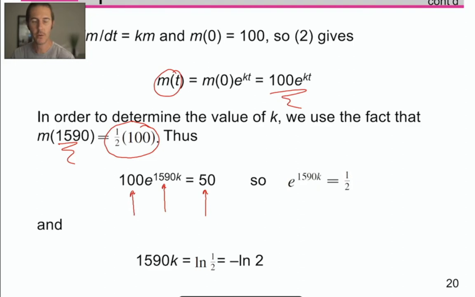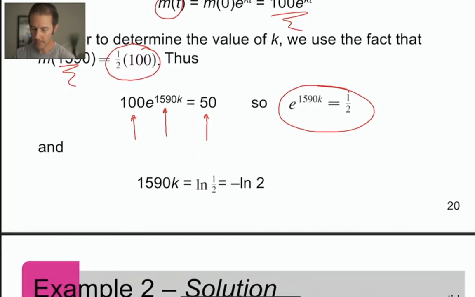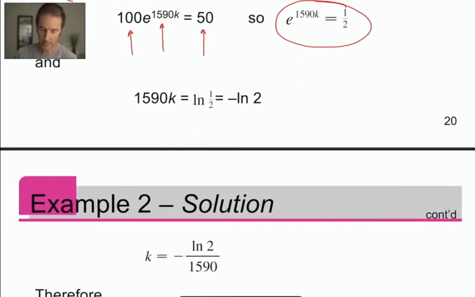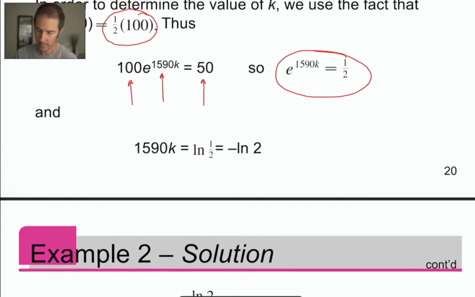And the only unknown in this equation is our k value. Divide both sides by 100, and you've got e to the 1590k equals 1/2. Take the natural log of both sides and divide by 1590. When we take the natural log of both sides, the e disappears, leaving us with the 1590k.